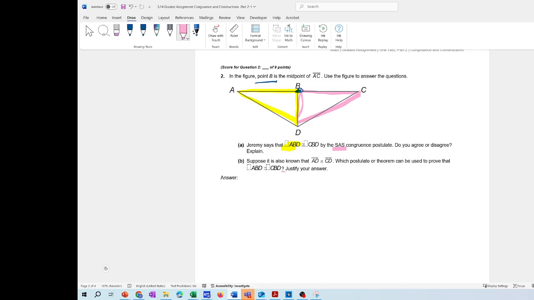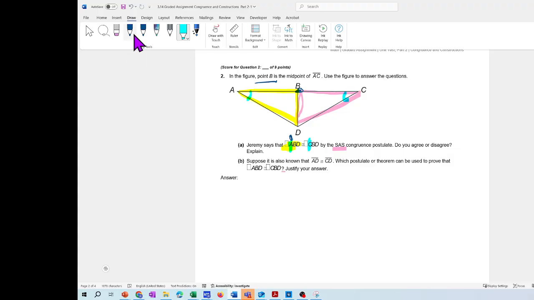Explain. So, for this, you can look at the order of the letters, okay? So, A, let me just color them. We're gonna use blue, okay? Angle A is congruent to angle C, right? So I'm gonna do one curve, right?